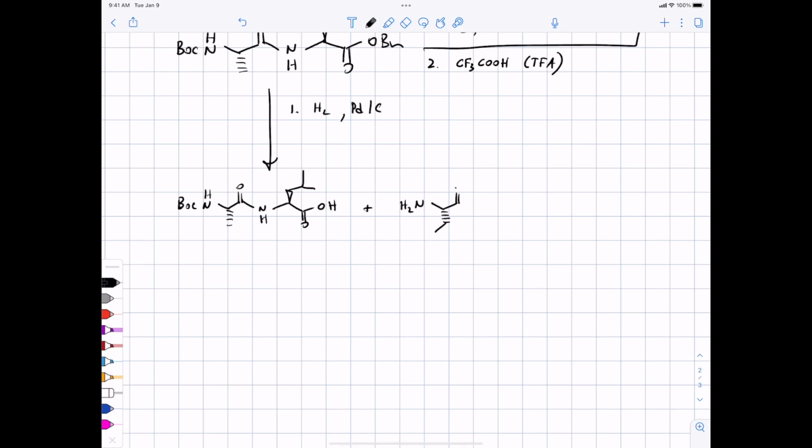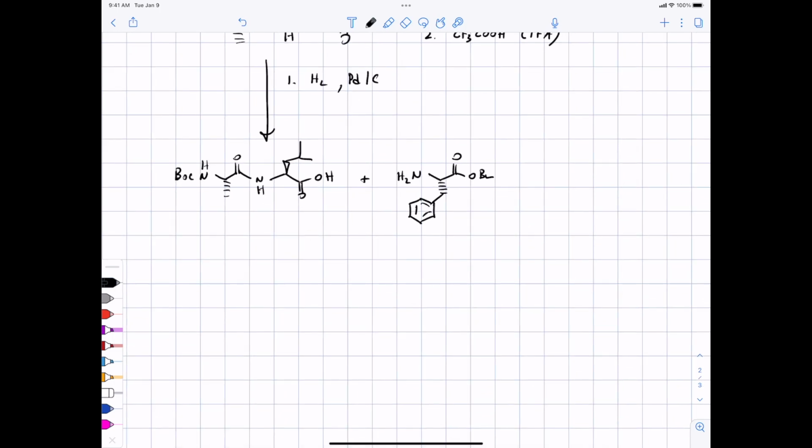We can pick whatever we want now. Maybe make phenylalanine. We would use the benzyl protected phenylalanine but with the free nitrogen. And then we would use our Boc protected dipeptide but with the free carboxylic acid.